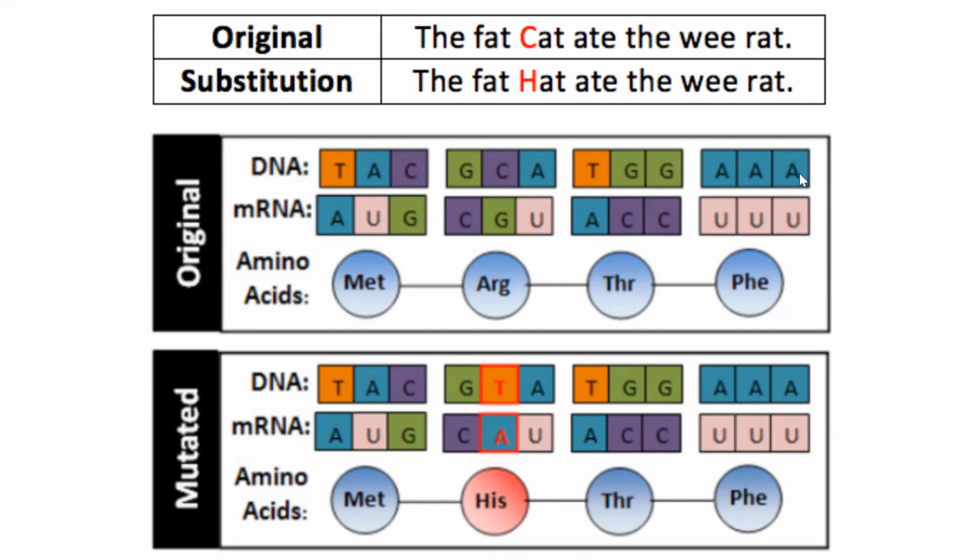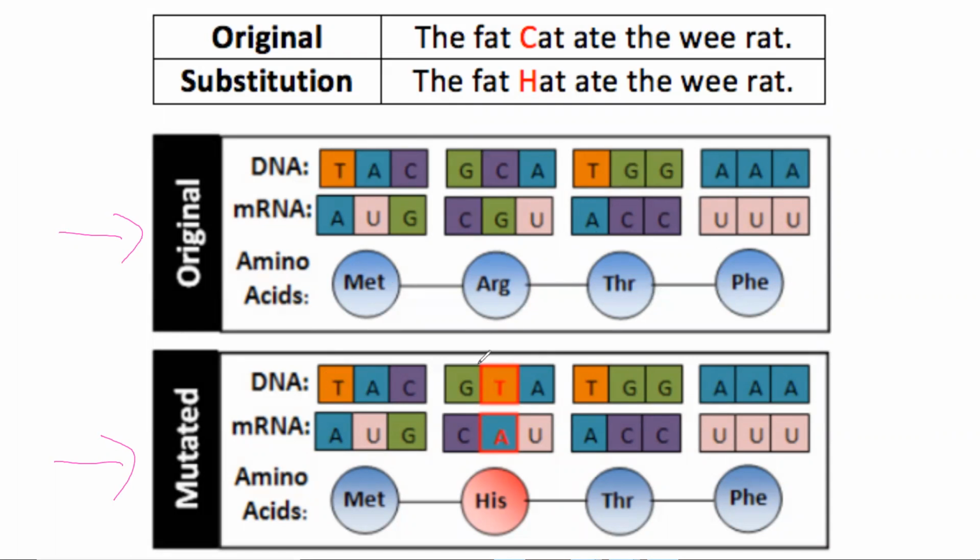So when that happens, we have a change of, usually it's just one amino acid in the resulting protein. So if we look at our original strand up here and our mutated strand down here, we have our original sequence of DNA, TAC, CGA, TGG, AAA. We have our mRNA strand that results from that, and the amino acid sequence methionine, arginine, threonine, and phenylalanine.